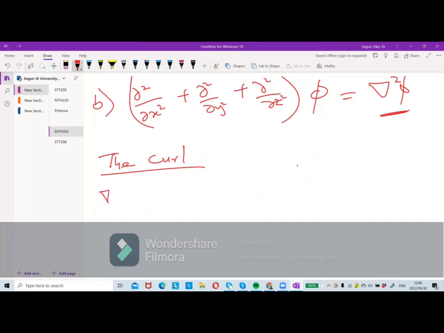The curl is defined as, let's say we have V of x, y, z, a differentiable vector field.